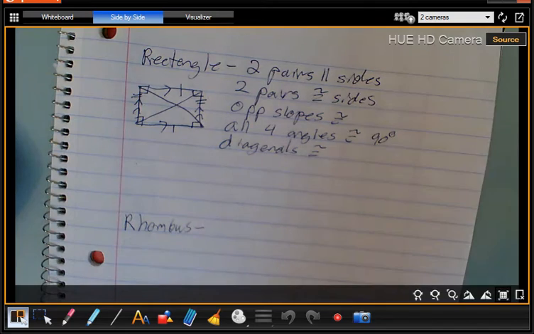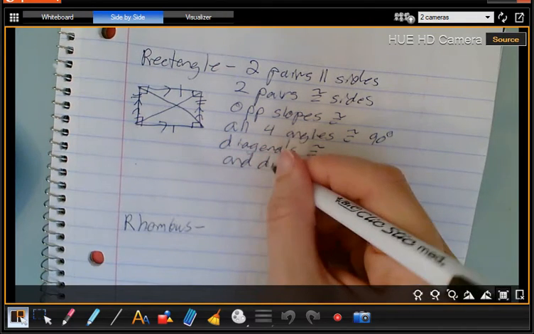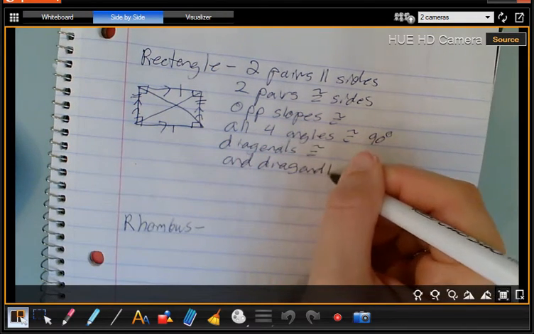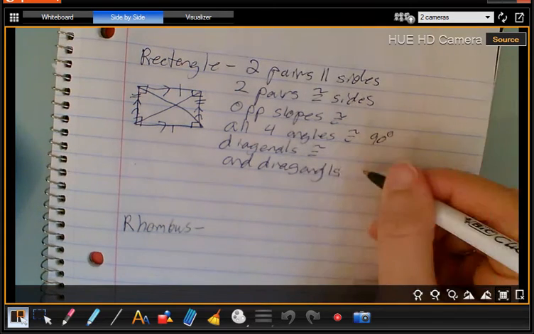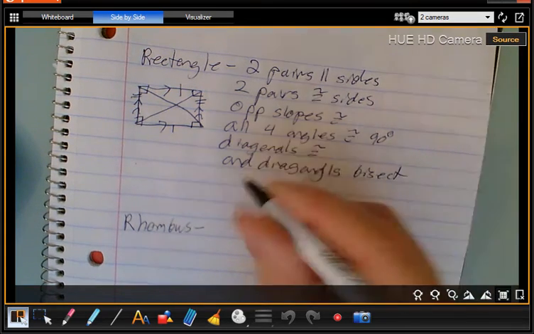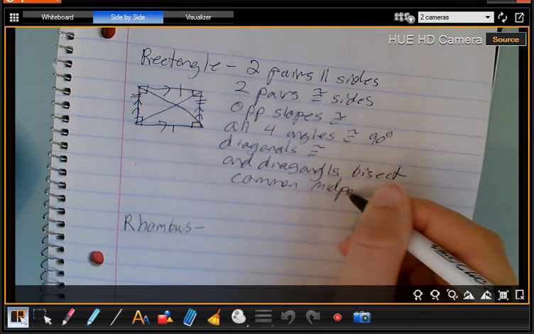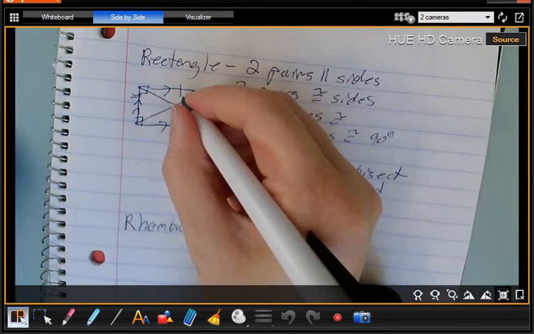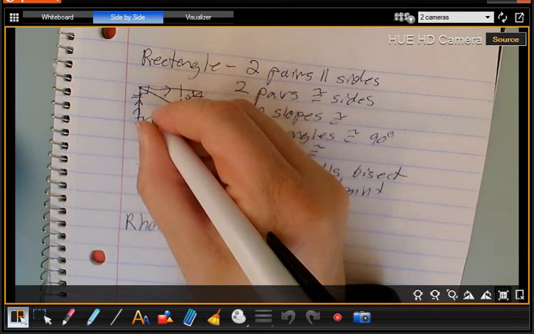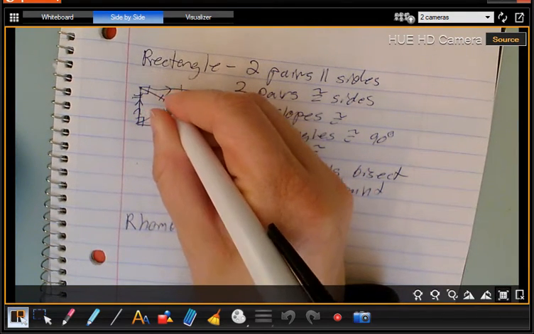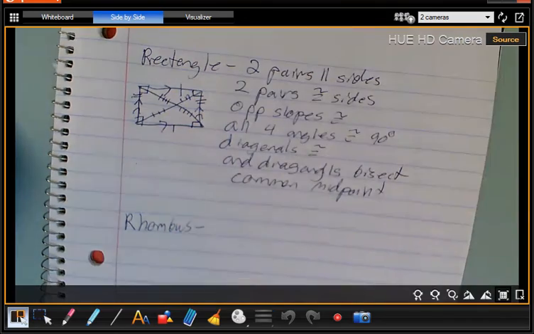And they bisect, which means they have a common midpoint. So to show that they bisect, 1, 2, 3 on this side, 1, 2, 3 on this side, 1, 2, 3, 4, 1, 2, 3, 4.